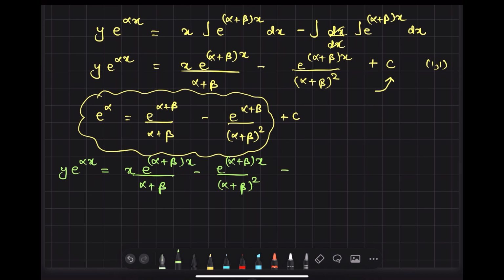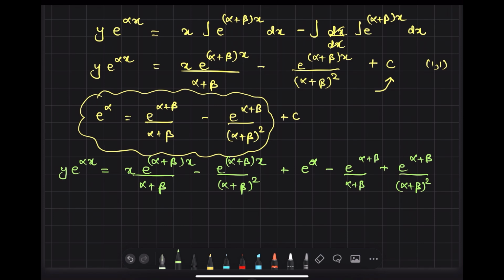Now in place of c I'll be writing e power alpha minus e power alpha plus beta upon alpha plus beta, and this thing will go to that side, so it will become plus e power alpha plus beta upon alpha plus beta whole square. So this is the idea.